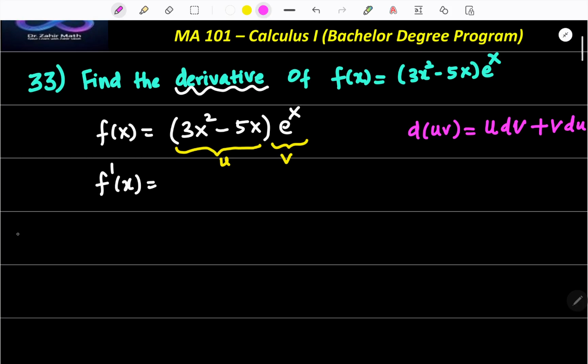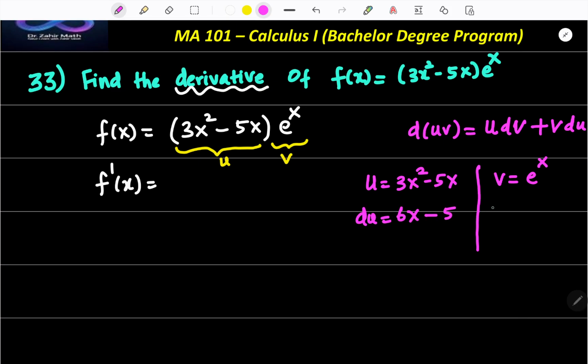So what is your u? Your u is equal to 3x square minus 5x. And what is your v? v is e power x. What is the derivative of u? The derivative of 3x square is 6x, and the derivative of 5x is 5. And what is the derivative of v, dv? The derivative of e power x is e power x. Right, keep it ready.